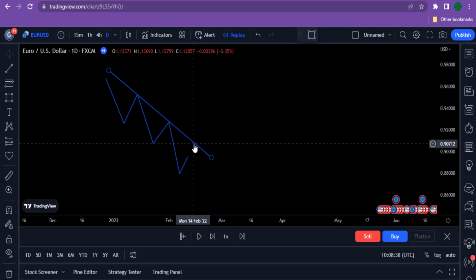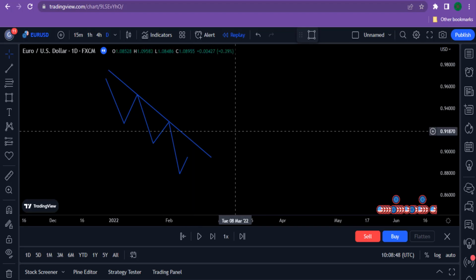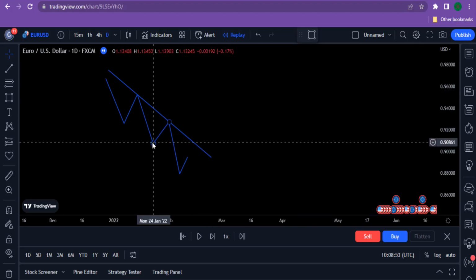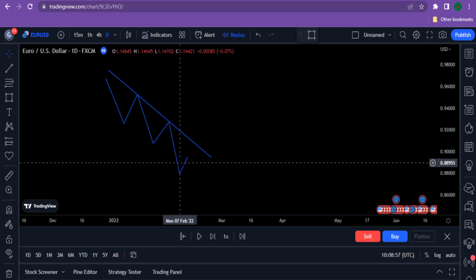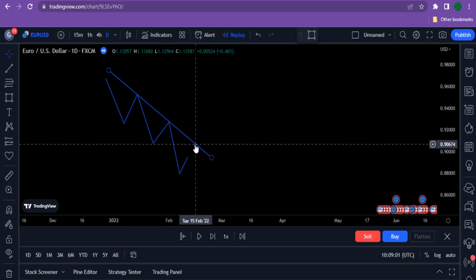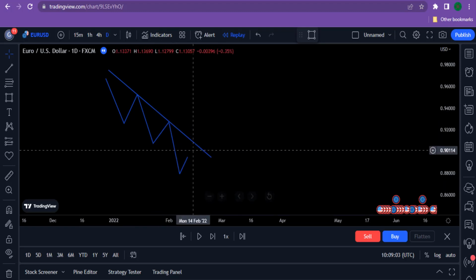And then in order to consider this area a confluence zone, we are going to look for more reasons why we should take a sell trade from this zone. If you look closely, you are going to see that here is a support area. The market broke this support area, and this is looking to form somewhat of a support broken turn resistance.